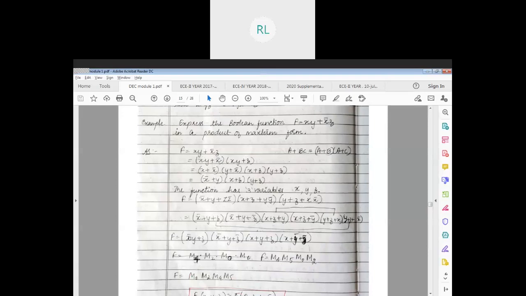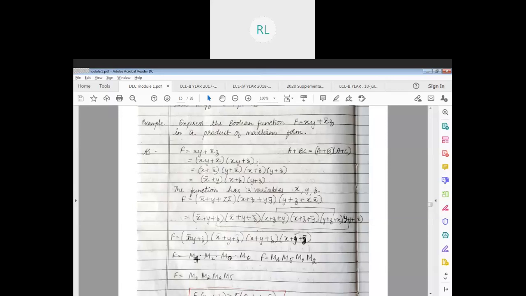So the same rule we will be applying here. Okay, so the same rule, a plus bc, which is nothing but a plus b into a plus c. So we will be using x plus xy plus x bar, and then xy plus z.